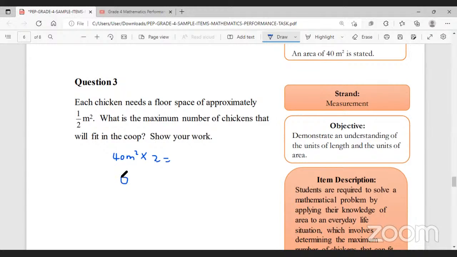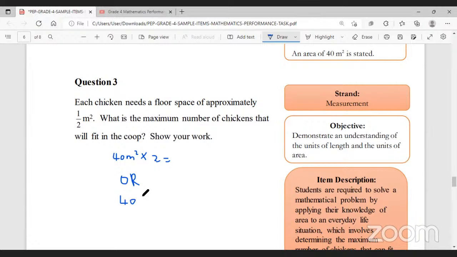Or, I'm going to put a big or here, we can divide it, because it says that we should make sure that each chicken gets approximately 1 meter square in floor space.